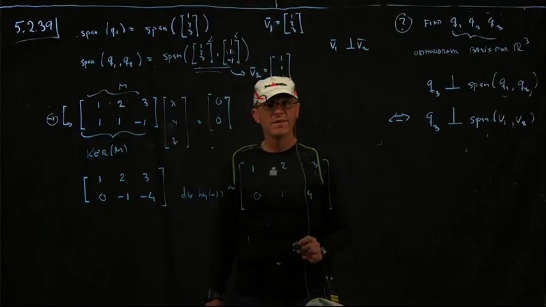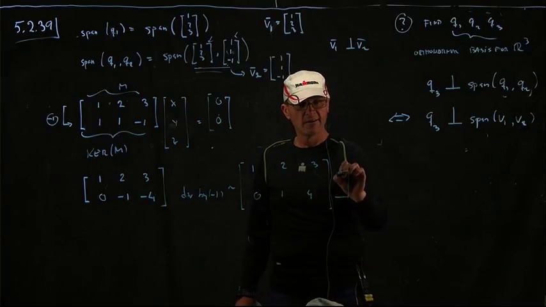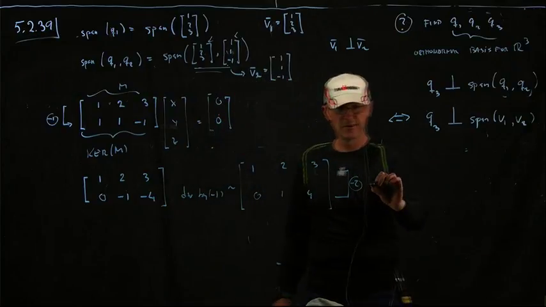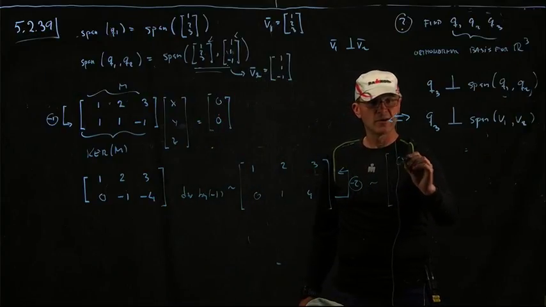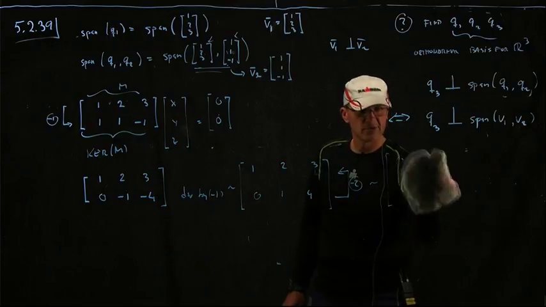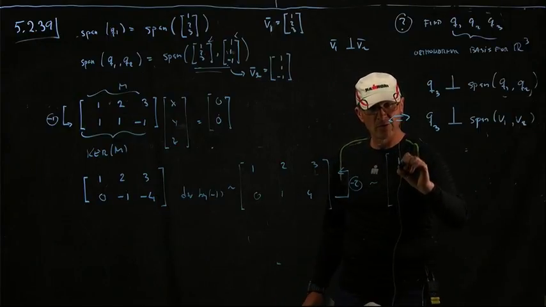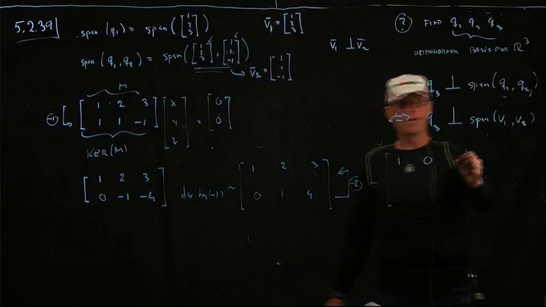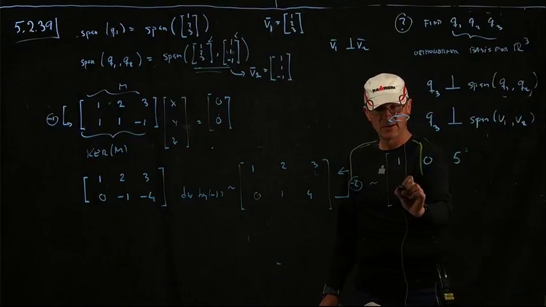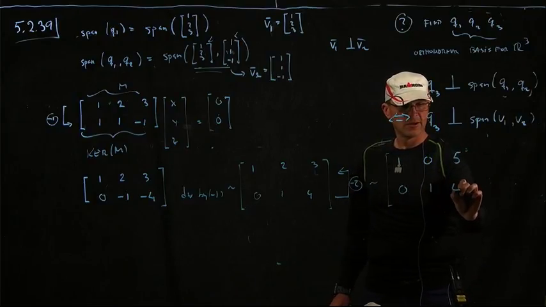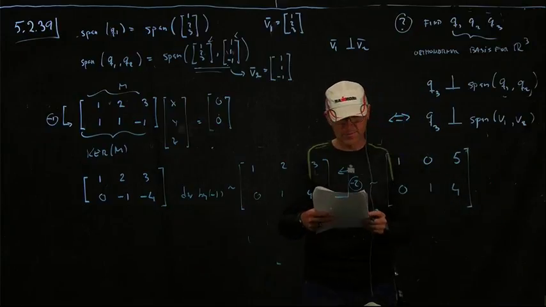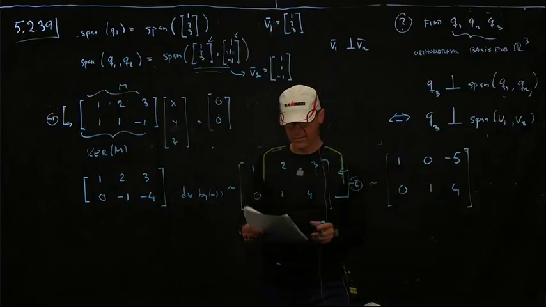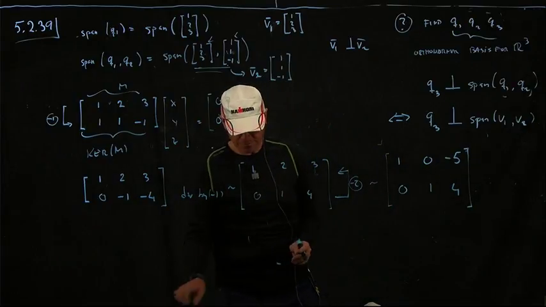Then we subtract twice the second row from the first, and we are in reduced row echelon form. So we have a 1, 0. We're subtracting 8, so that should be negative 5, 0, 1, 4. So far my notes agree.